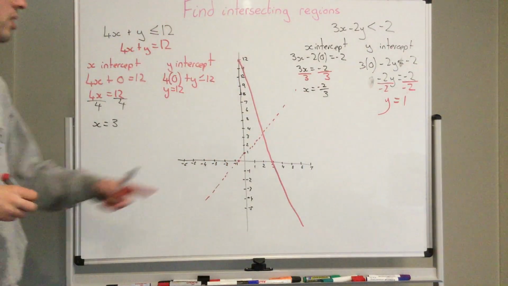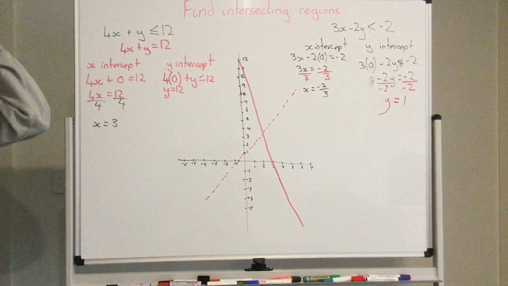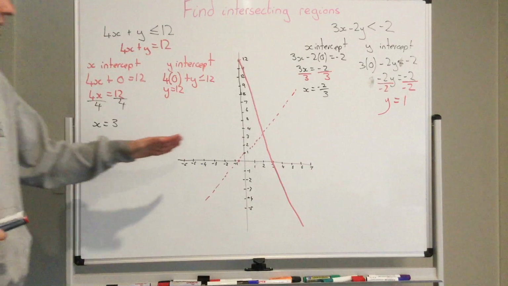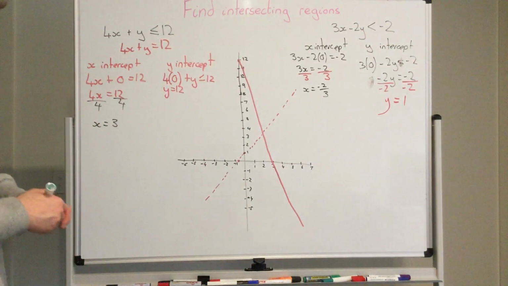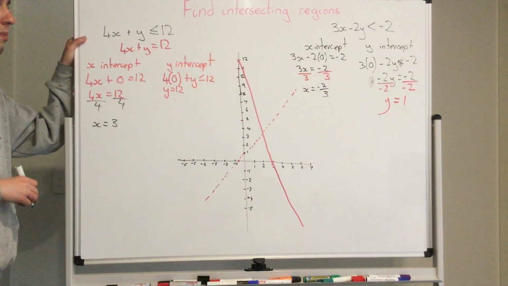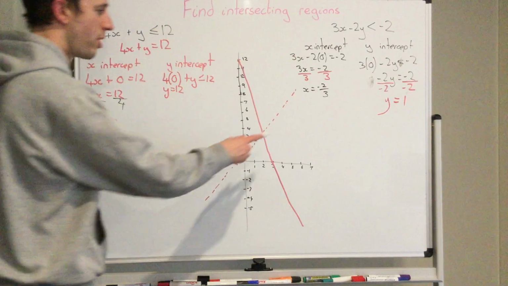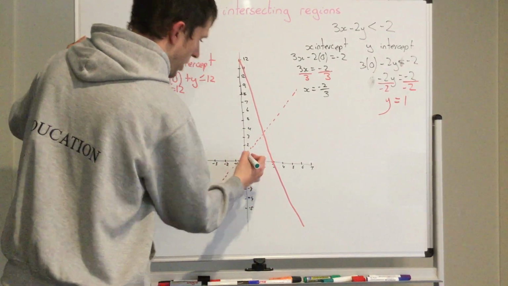Okay, so now I've got my points. The first thing I need to think about is the region that I'm going to be shading, the region that makes sense. So let's look at this first line, and I'm going to pick a point. I'll just pick 0, 0. It's easier.